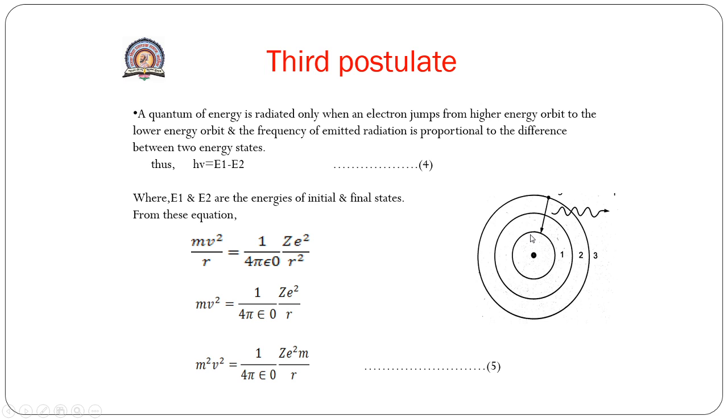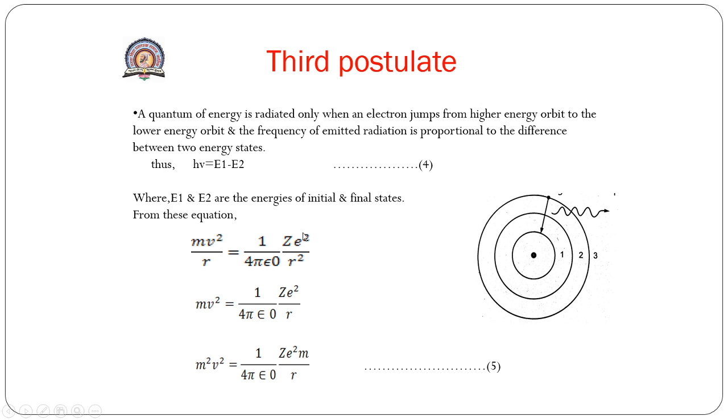Suppose n equal to 1 has energy E1 and n equal to 2 has energy E2, then the energy difference E2 minus E1 must be equal to one photon having energy h nu.